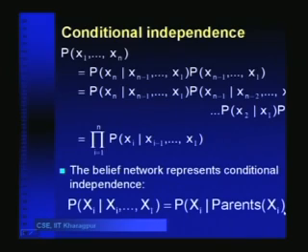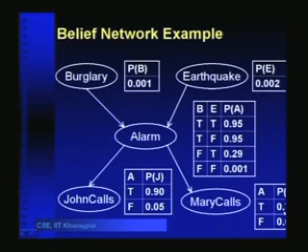So, for example, the probability of John calls given alarm and earthquake is the same as the probability of John calls given alarm. The non parents of John calls, namely burglary, earthquake, etc., do not affect John calls directly if we are given the value of alarm. Right. If we are given whether the alarm has rung or not.